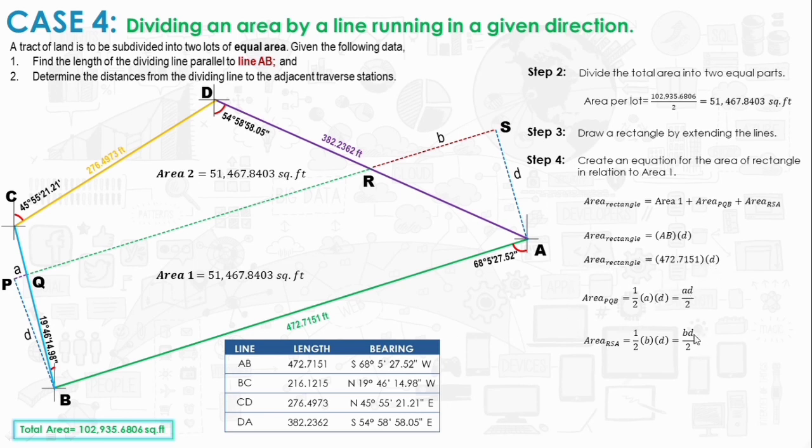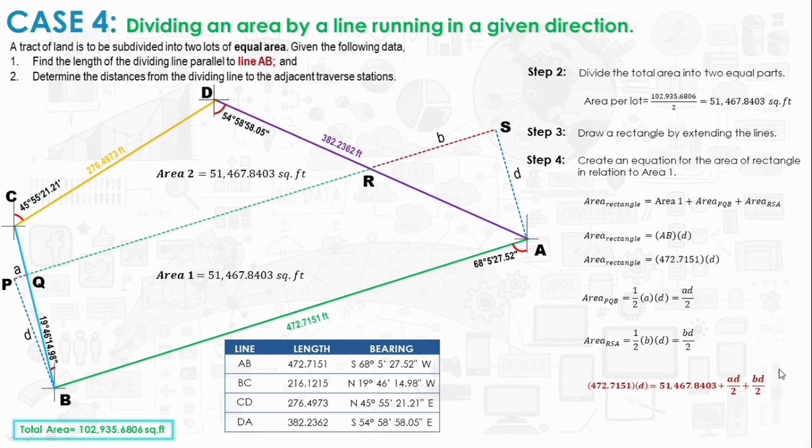So, pag i-substitute natin tong tatlong formula na to dito sa original natin equation, magiging area of rectangle, 472.7151D equals to the area 1, 51,467.8403 plus the area of PQB, AD over 2 plus the area of RSA, BD over 2.